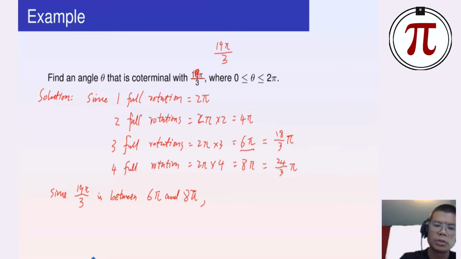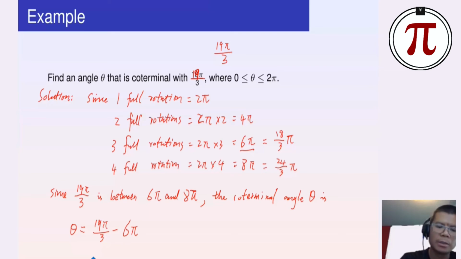All right. So the coterminal angle theta is what? Theta equals 19 pi over 3 minus what? Minus 6 pi, right?